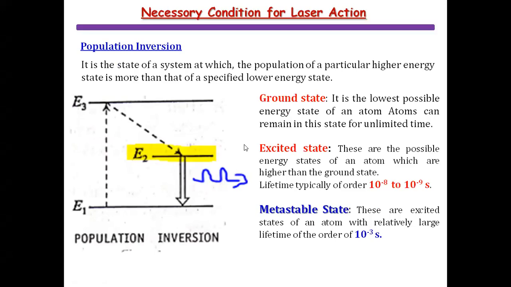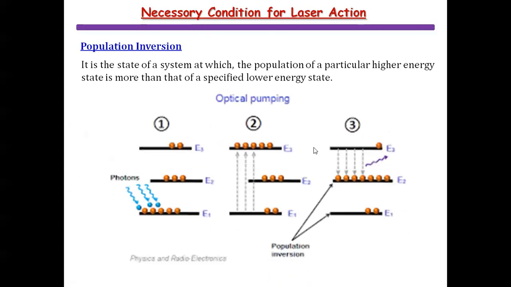So just see this slide. Let me show population inversion. Here you can see I have already said the ground state will have unlimited lifetime. What is the meaning of that?